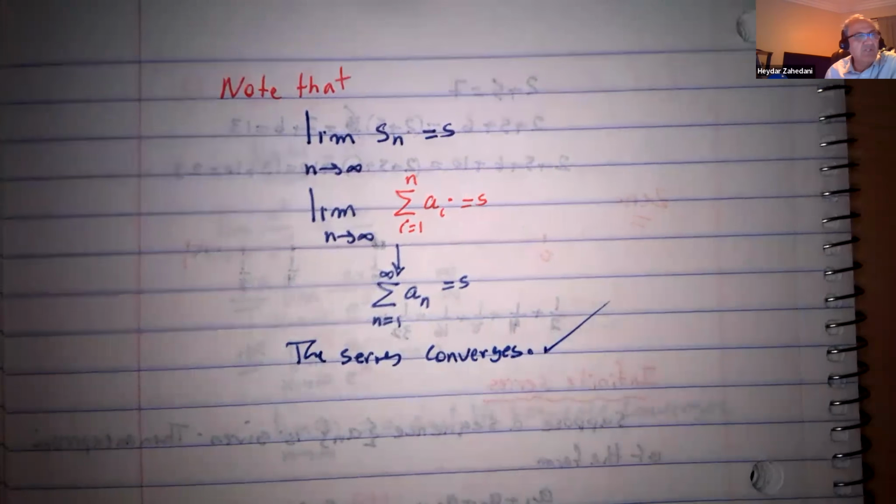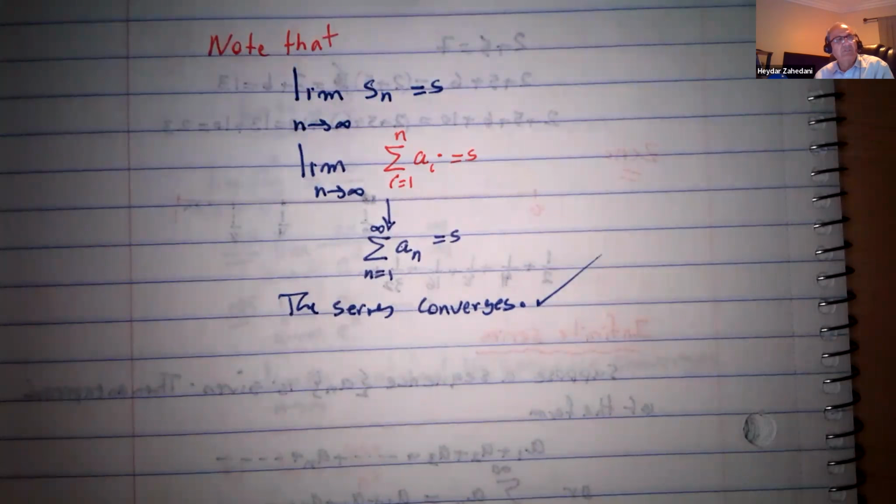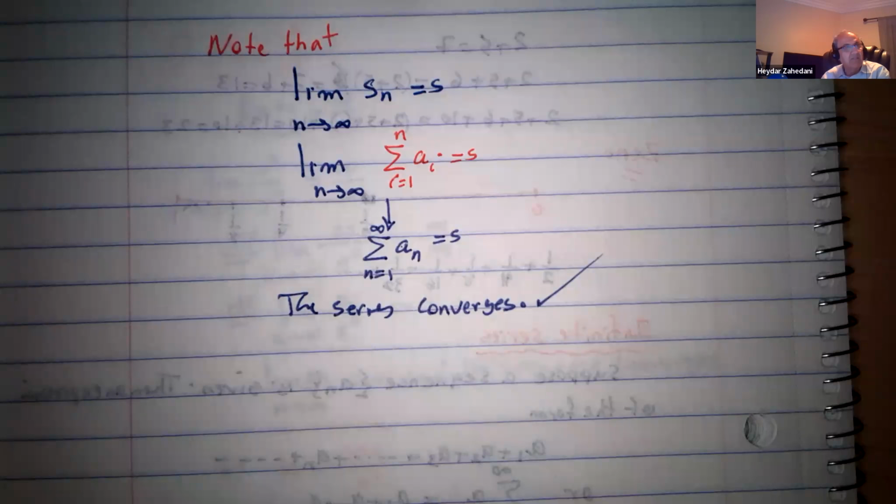So with this definition, we take care of that paradox that I talked about. But the difficulty is how we're going to find this. This is easy to write, but if I give you one, can you practically find the Sn? Because to check that infinite sum, you have to find Sn first, and that's very difficult.